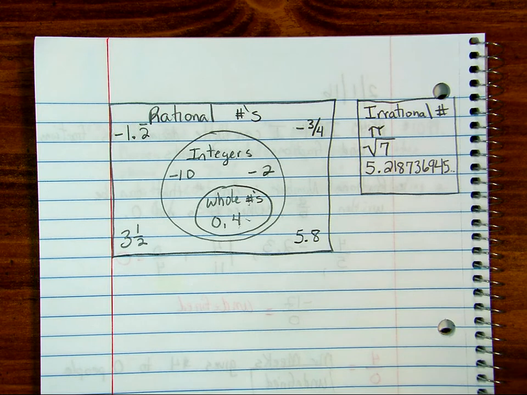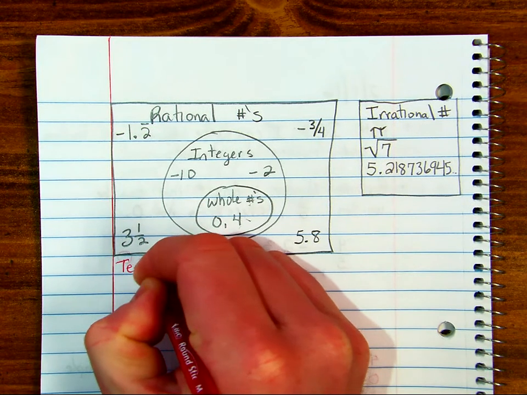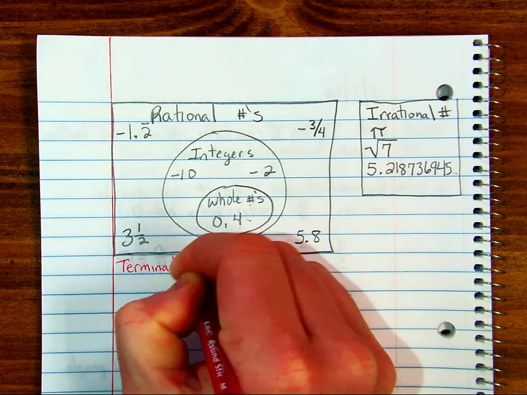So what determines a rational number? A number that terminates, or a number that repeats.